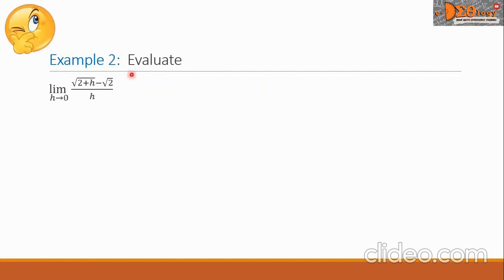Let's have example 2. Evaluate the limit of the square root of the quantity 2 plus h minus the square root of 2 all over h as h approaches 0.